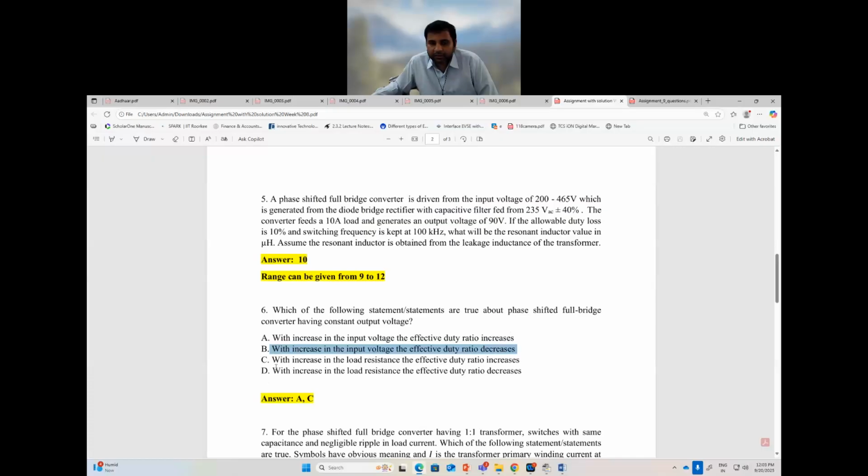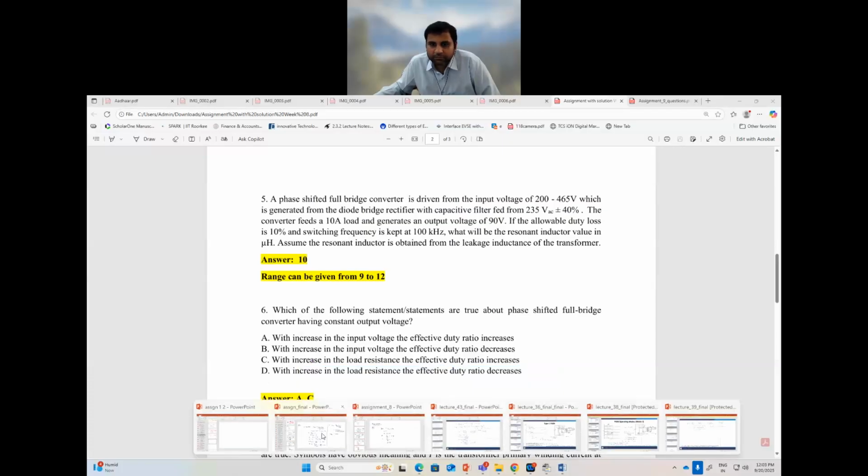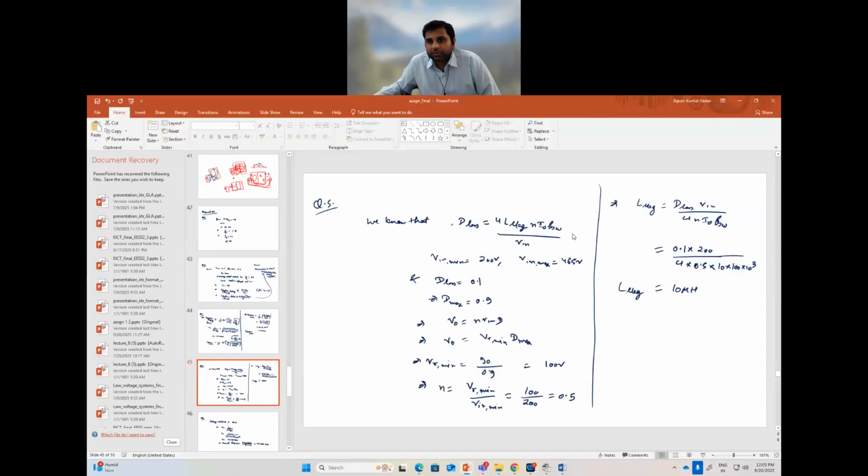In the C and D parts, since our resistance value is increasing, our load current reduces. Since our load current reduces, we know that our D loss is directly proportional to the load current. So the moment the load resistance increases, I naught reduces.